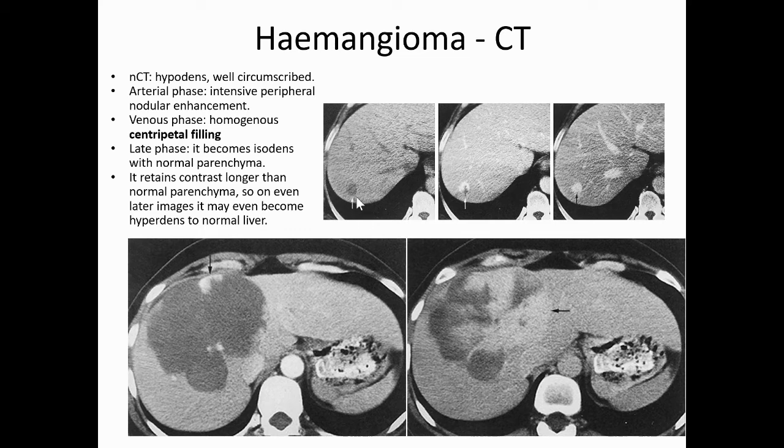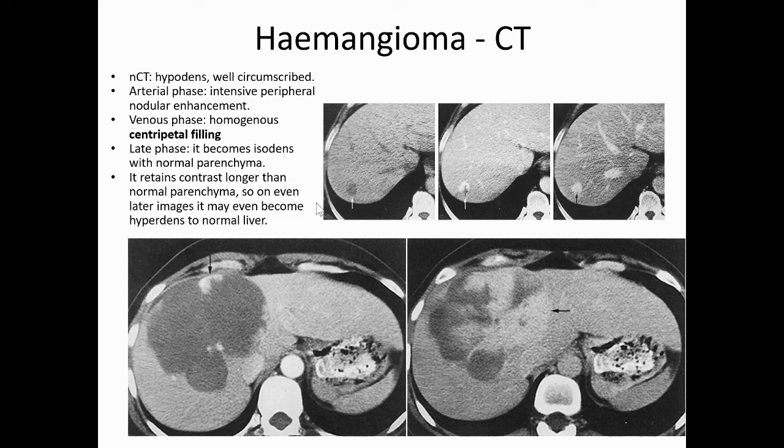So this is the non-enhanced image on the top left. The top middle image shows that the periphery is enhancing, and the top right image shows that the lesion on the venous phase is now completely filled in with contrast material, and these three images are diagnostic for a hemangioma.